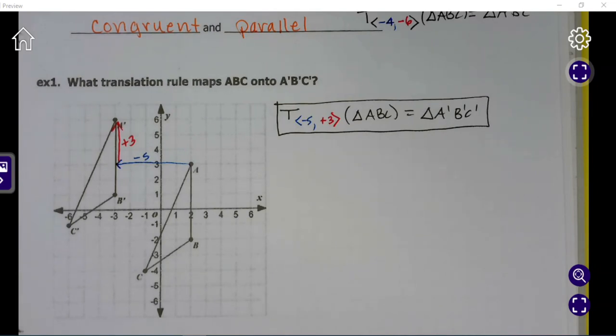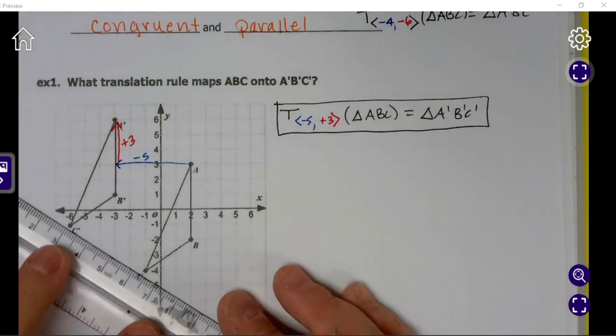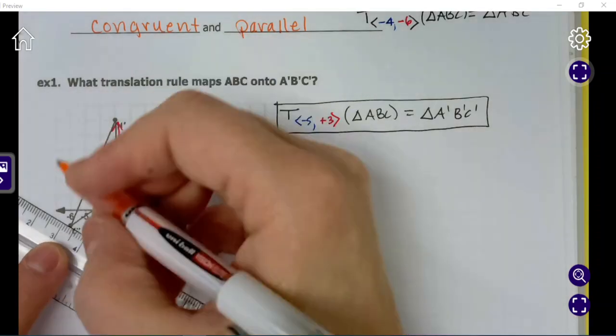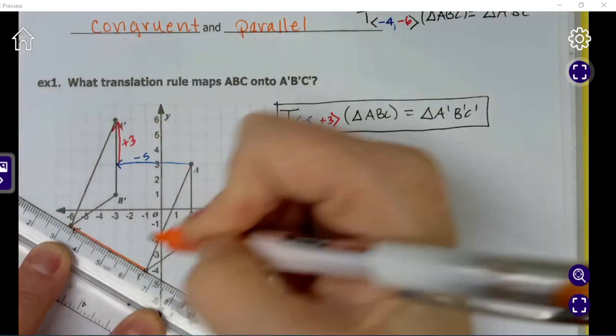Now, go ahead and take your straight edge, and I want you to draw a line from each point to its mapped point.